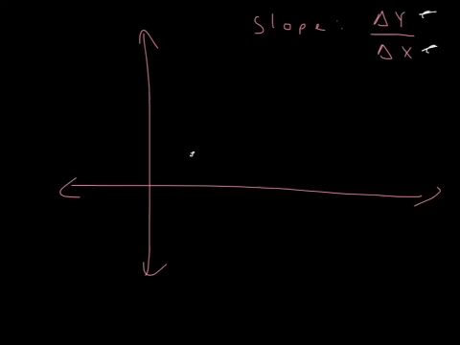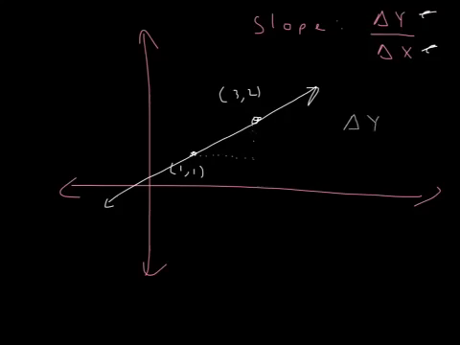So if we go back to that original case of 1 comma 1 and 3 comma 2, and we think about the line that contains those points, well, we could construct a little triangle here, and we see that the change in y, well, I went from 1 to 2, so my change in y equals a distance of 1, and my change in x, I went over a distance of 2.